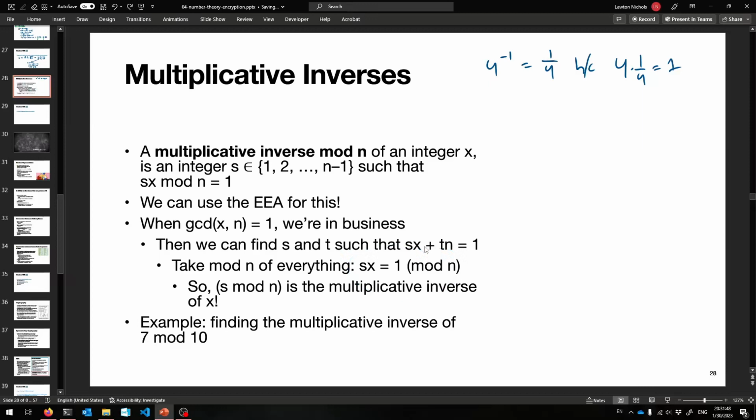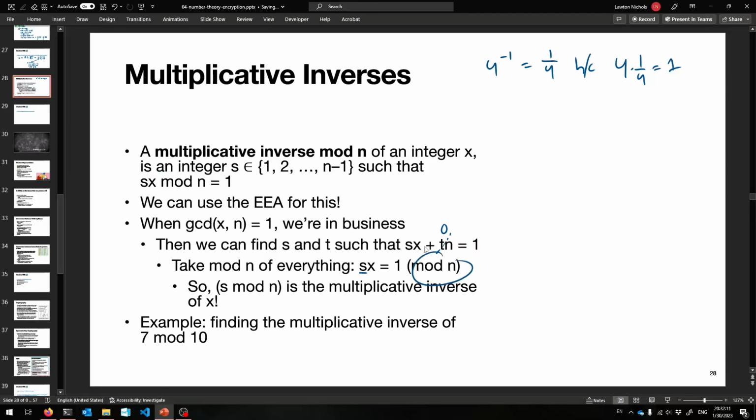This n part goes to 0, right? Because if you're taking mod n, any multiple of n does nothing. It just causes it to wrap around the clock again. So this equation, once you do mod n, turns into s times x equals 1 mod n, and that's exactly the inverse that we wanted to find, okay? So the final answer, once you use this algorithm, is whatever s is, but make sure it's mod n, right?